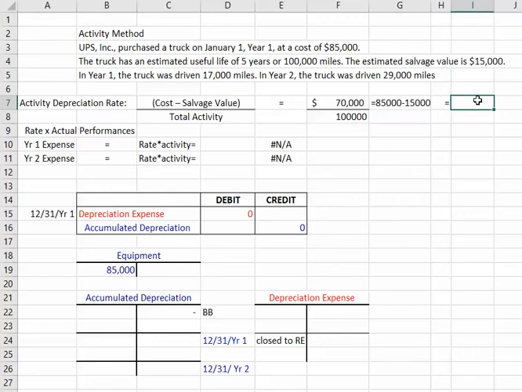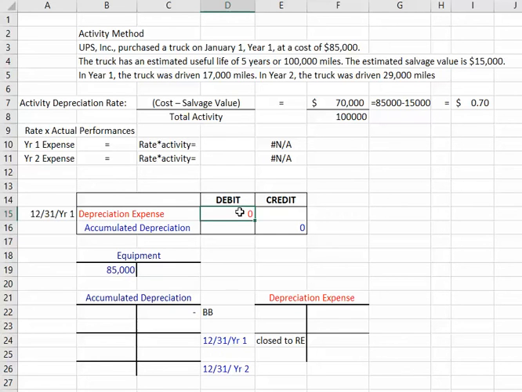In this case, when we do this, we get a rate per mile, which is your 70,000 divided by your 100,000, or 70 cents per mile. So the amount of your expense is going to depend on how many miles you drive. Activity method reflects the actual activity much better than any other method. In other words, if you drive it a lot, you have more depreciation than if you drove it less.